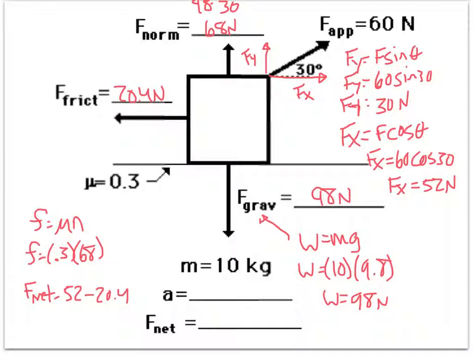So my net force is 31.6 newtons. Now that I have my net force and my mass, I can do net force equals mass times acceleration. Or I'm sorry, 10 is the mass and 31.6 is the net force. If I divide 31.6 by 10, I get 3.16 meters per second squared of acceleration.